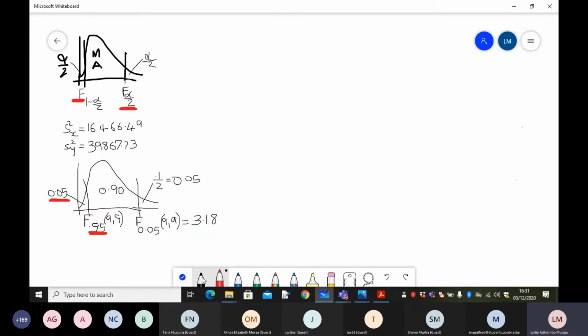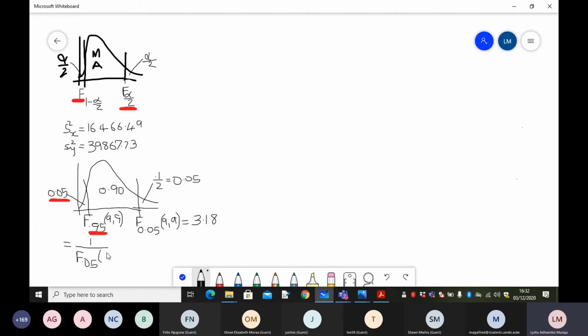So now we need to get F 0.95 with 9, 9 degrees of freedom. But I think there's a formula I had given you which states, because we don't have F 0.95, that we just get F 0.05 and we are supposed to interchange the degrees of freedom. What we have here is 9, 9.